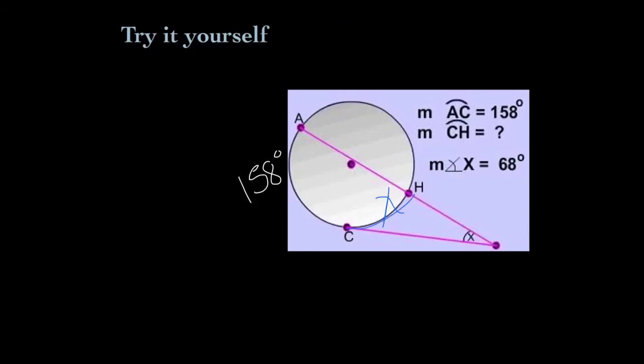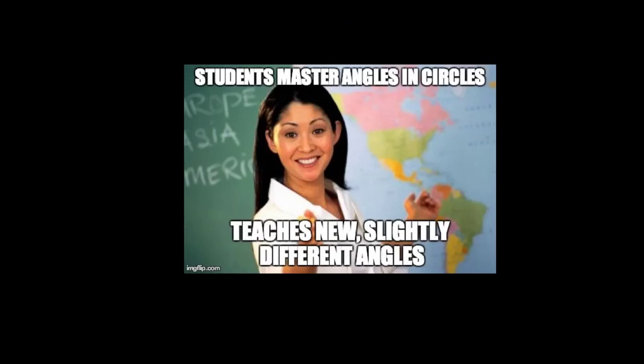So this arc is what you're solving for. And we're given that the angle over here is 68. So let's see if you can figure out how to solve for the arc when you're given one arc and one angle outside the circle. Answer that on your notes, and I'll be able to check that. If you label it, try it yourself, or example 4, whatever you want to label it.